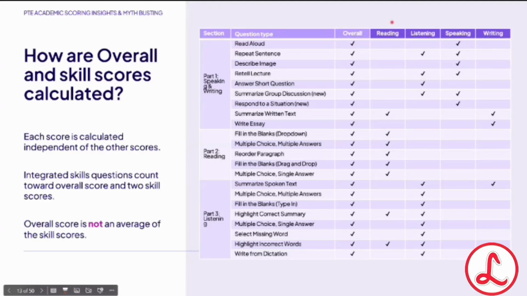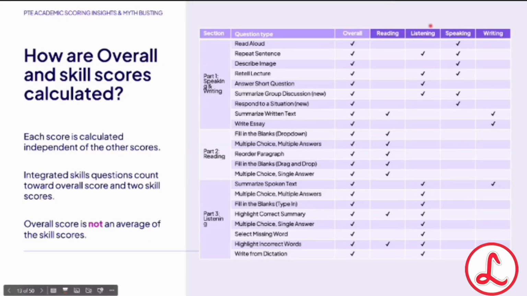When we're calculating reading, that's based on every single response, every question in the test that counts towards reading. And you can imagine this as if you took a test that only included these question types, where there's a tick by them, your score there would be your reading score. So it's completely separate. We're calculating reading just based on those question types.